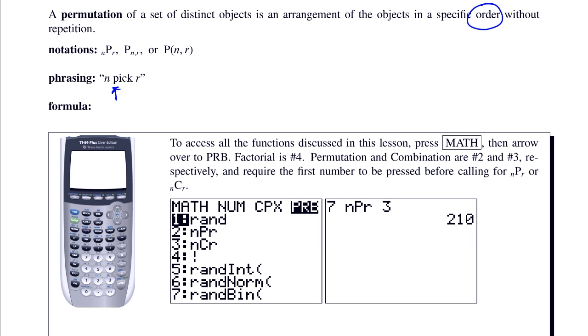Now, the formula for a permutation is the following. I'll just do it this way. Permutation n pick r is n factorial divided by n minus r factorial.